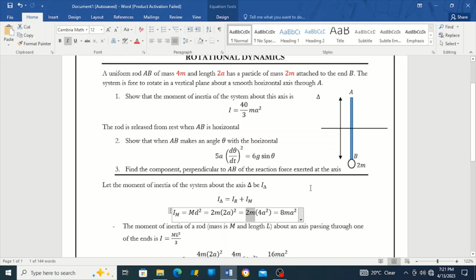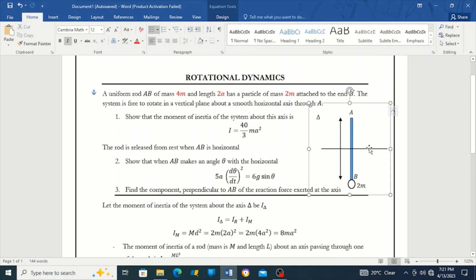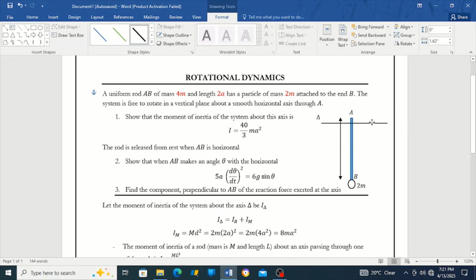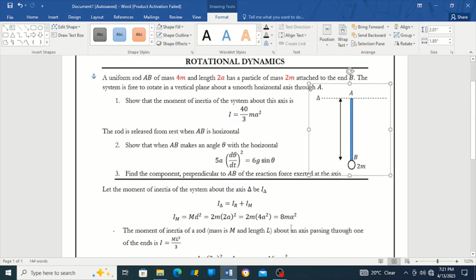And then this standard result changes to ml squared on 12. Like I said, you can use the formula booklet, but we also need to know this standard result, because not all standard results are found in the formula booklet, so we have to be very vigilant. So we are done with the first part of the question.